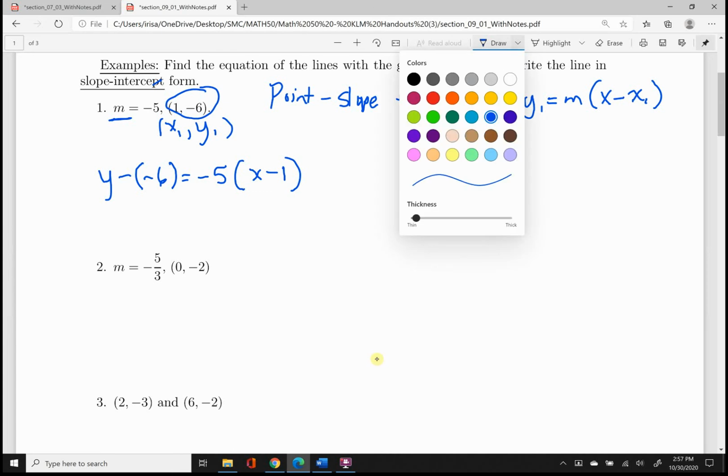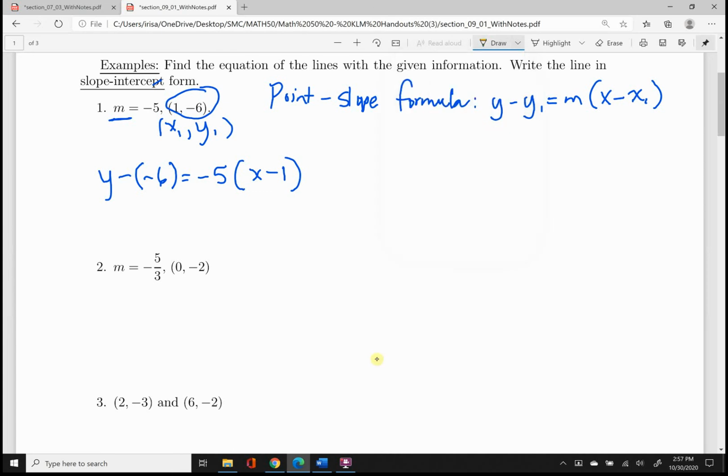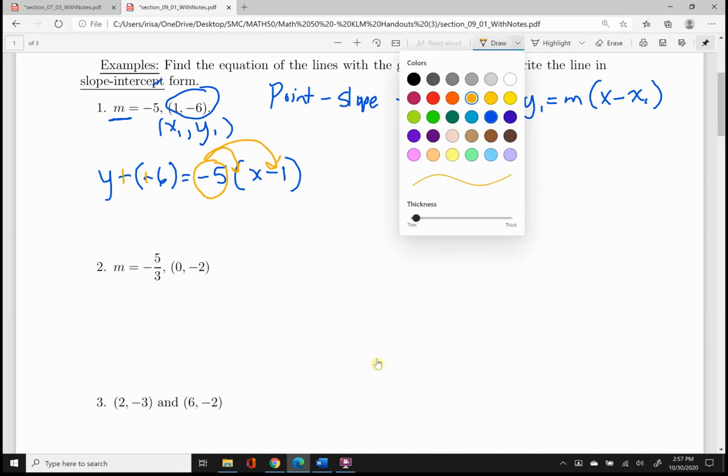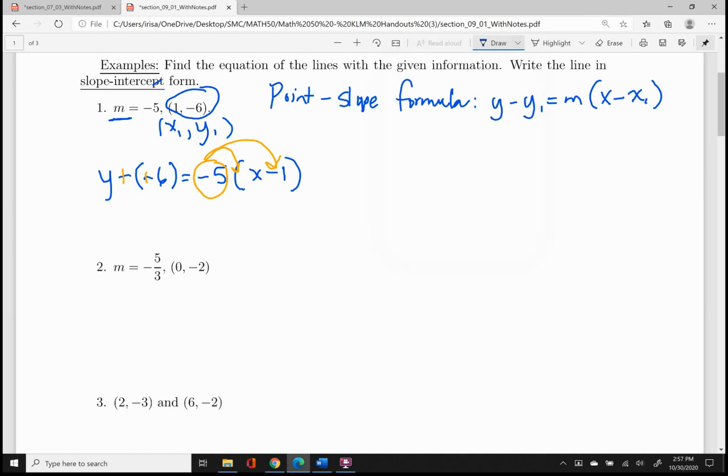So one thing that I see right away that can be done is changing the sign right here, and I'll also distribute this -5 here and here. I'll do that all in one step. Okay, so that'll give me y plus 6 equals -5x plus 5, right? There's a little sign change there.